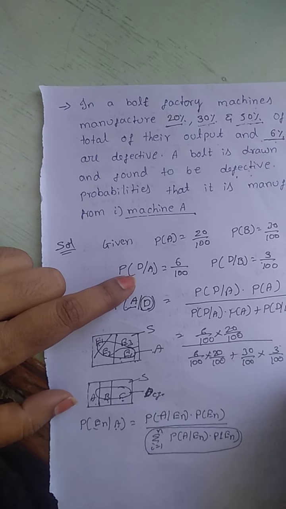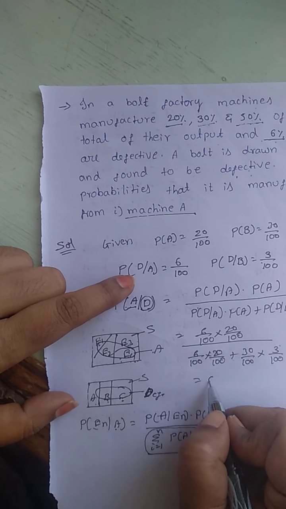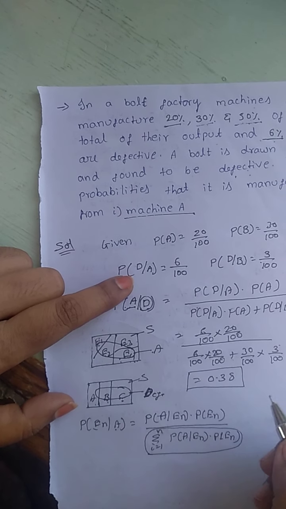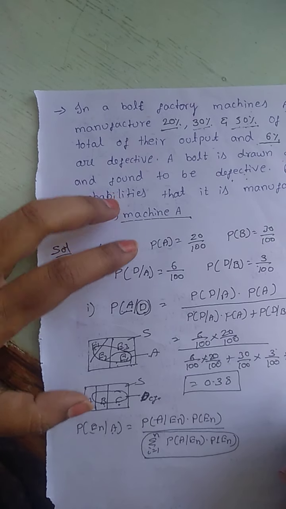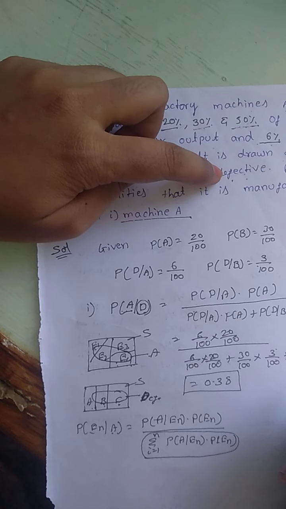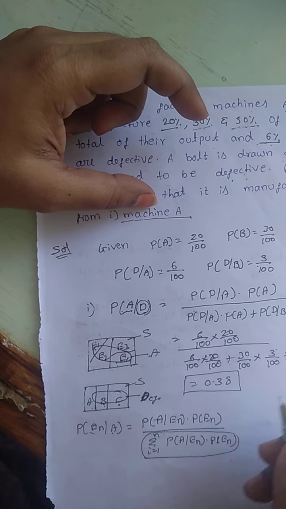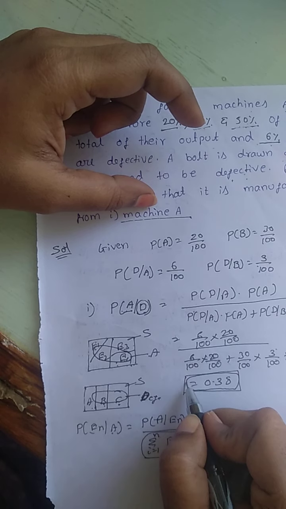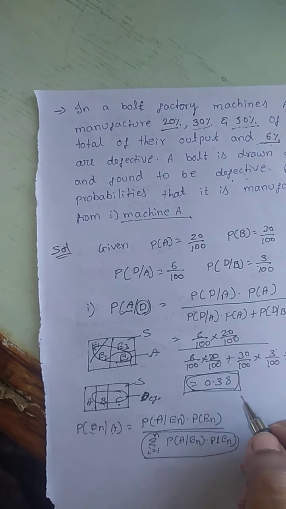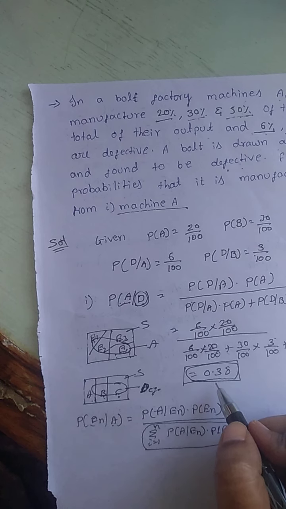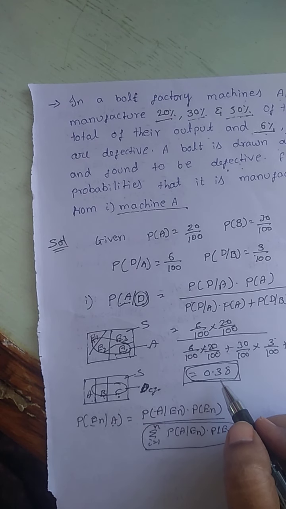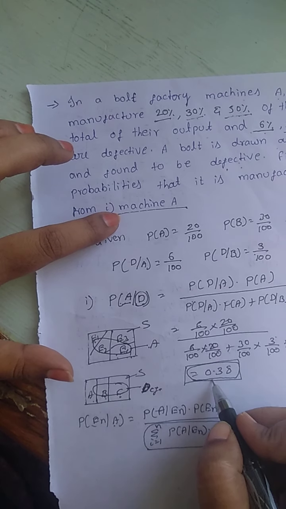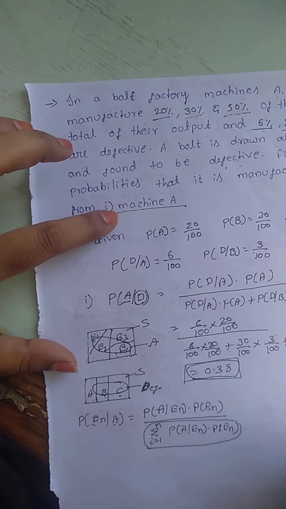The final answer is 0.38. So the probability that the defective bolt drawn at random is from machine A is 0.38.